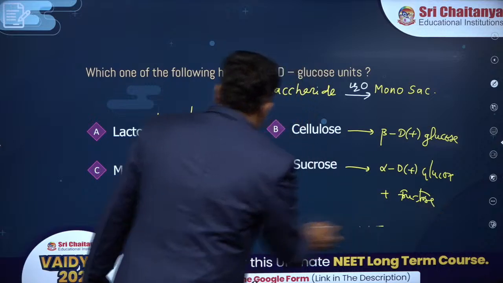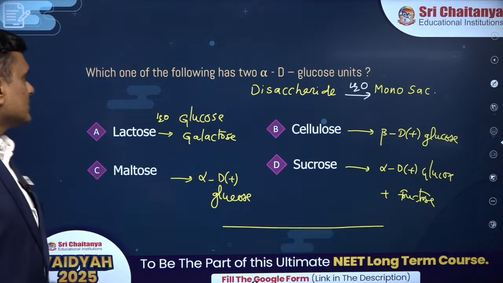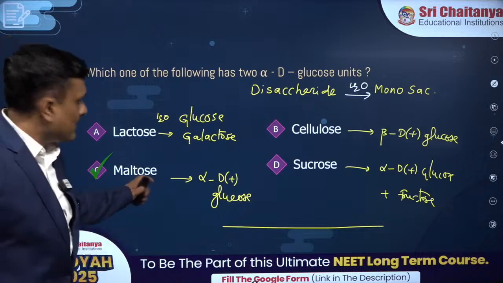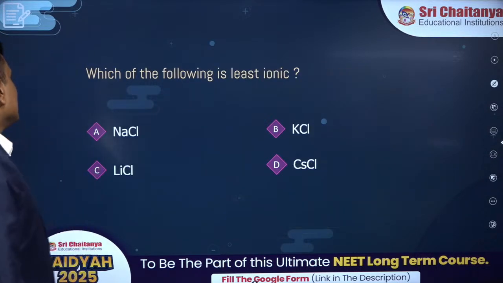So which of the following is made of two alpha D plus glucose units? Answer is maltose. Important NCERT textbook based question.